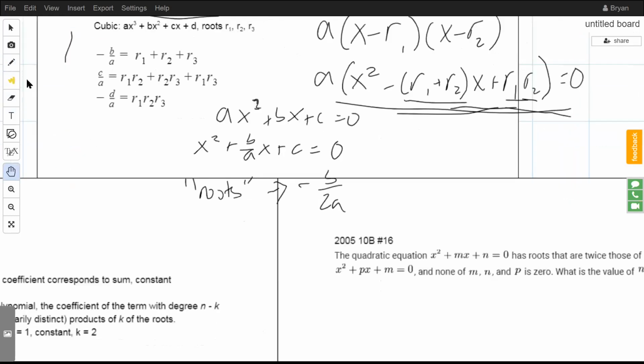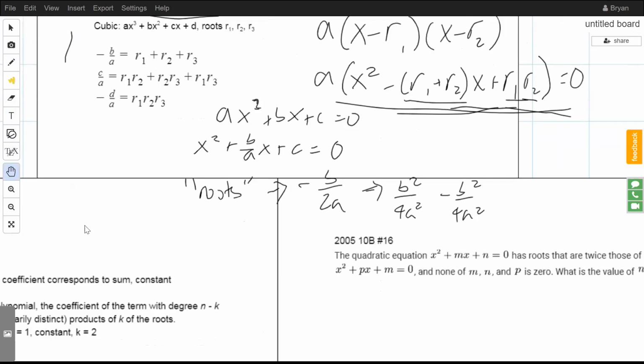So from here, we need to add to this equation the product of these roots, which is just b squared over 4a squared. We have to subtract this too since we don't want to change the actual equation.